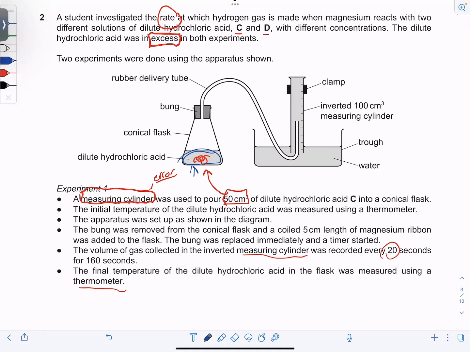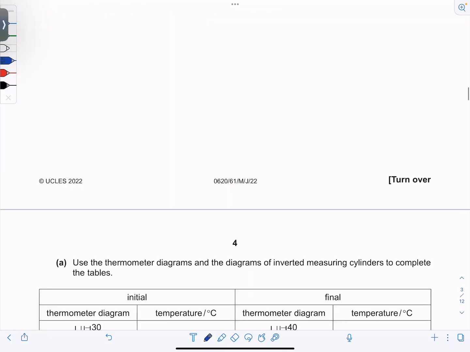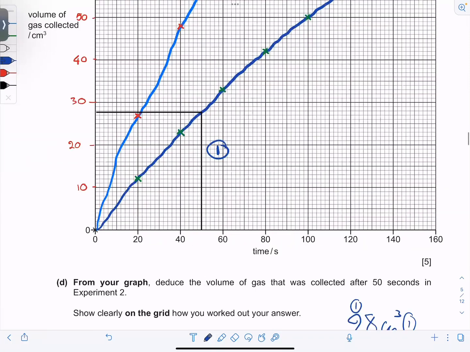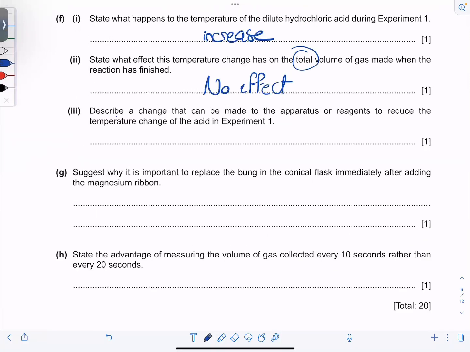How can he reduce the temperature change? The only way is to put this whole conical flask in a water bath to absorb the rising temperature and reduce it. So the answer for this one, how to reduce the temperature change of the acid, is use a water bath.